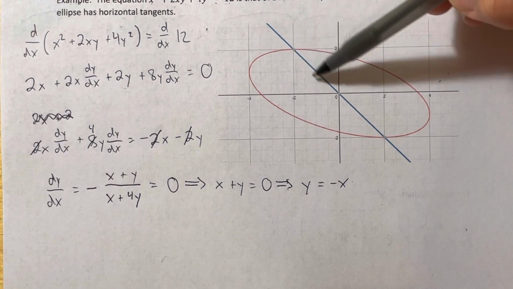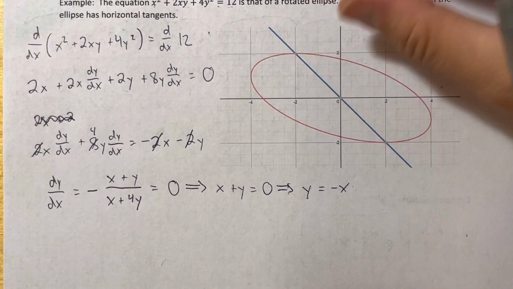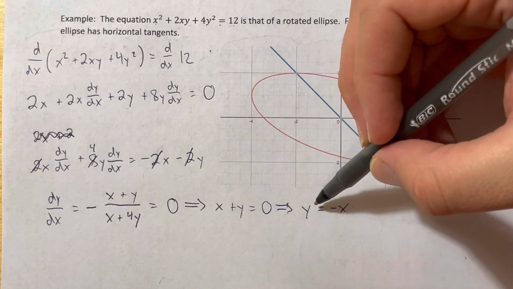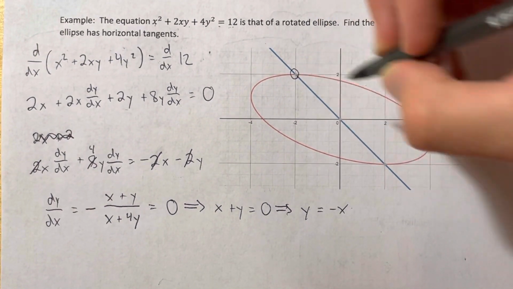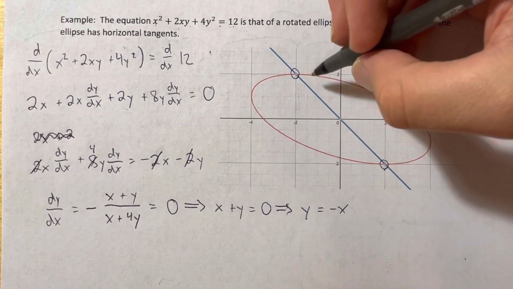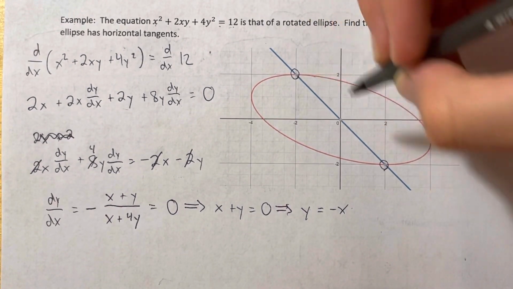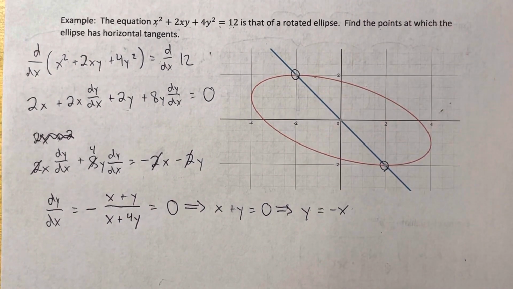And that's the blue line that I've drawn here. Notice y equals negative x hits this ellipse in 2 points. And you can see from the graph, it looks like those points would actually have horizontal tangent lines.